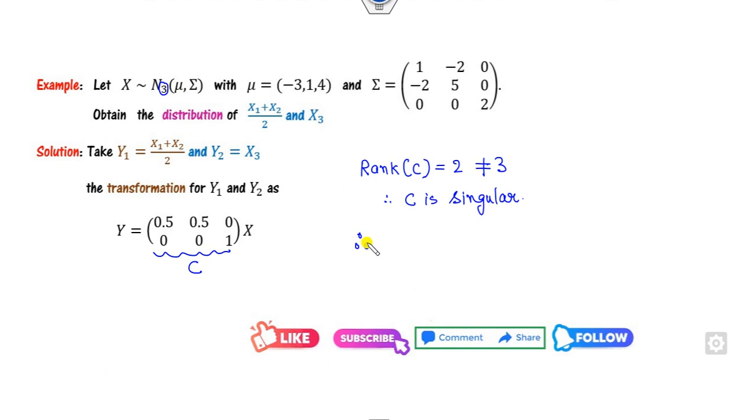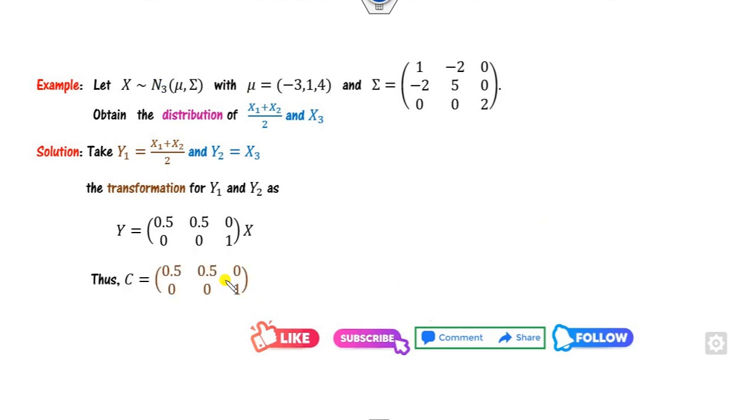Fine. So therefore Y will follow a multivariate normal distribution N2 with mean C nu and covariance C sigma C transpose. That means this X is my multivariate normal distribution, so this Y will be my N2. That means it's a bivariate normal distribution.